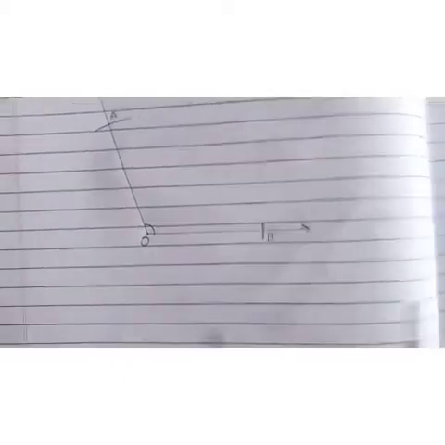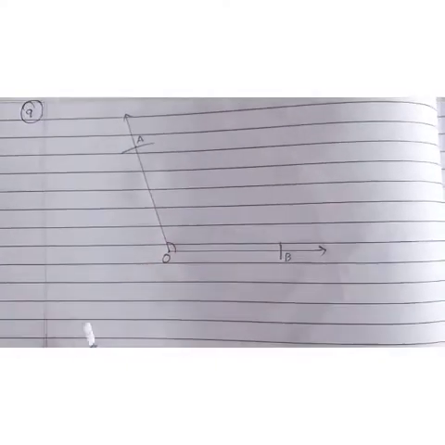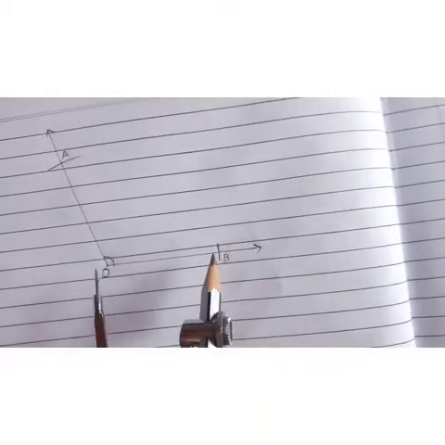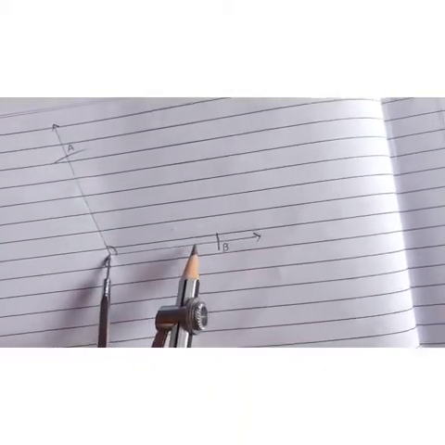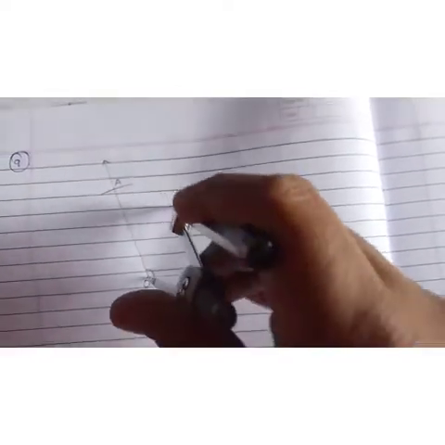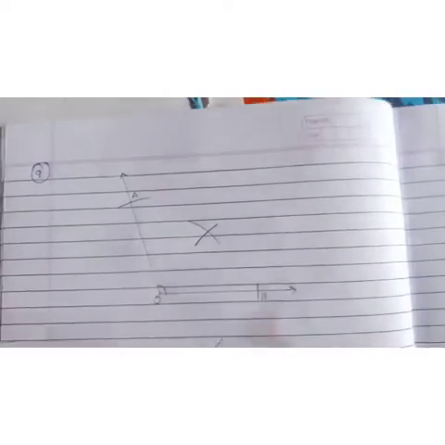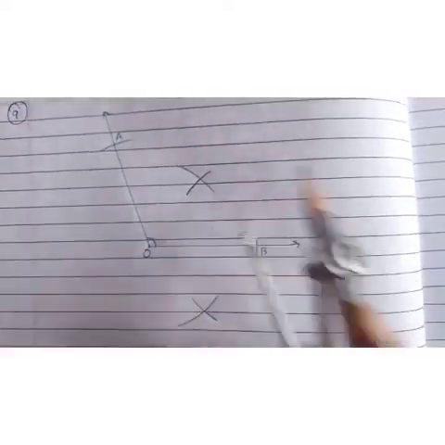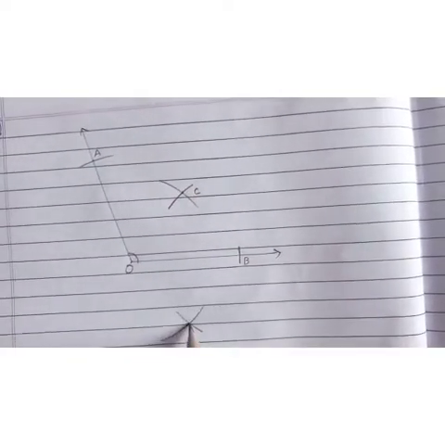Now draw a perpendicular bisector to each. First let us take OB. Take radius more than half and draw an arc above and below. Similarly with B as center, above and below. Now join this. Mark these points as C and D.